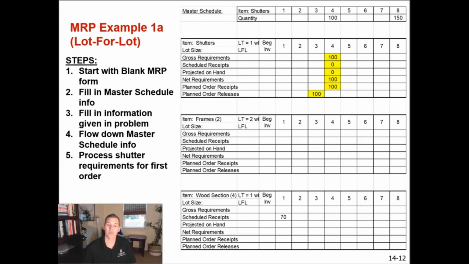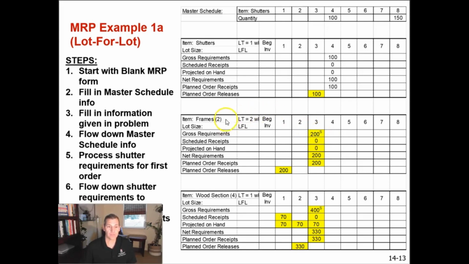So now we're going to drop down to the frames and the wood sections, which are dependent on the shutters. Notice one thing here. You must start building the shutters in week 3. So the frames, when you drop them down, because you have to have the frames and the wood sections both completed on time to start the order for the shutters, you must have your gross requirements of shutters completed in week 3.